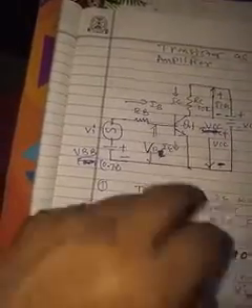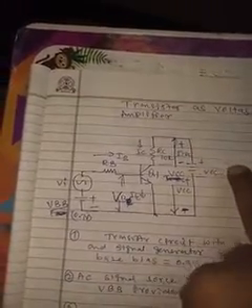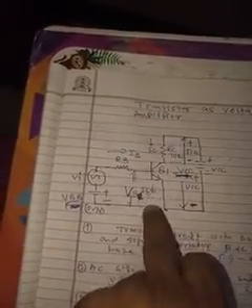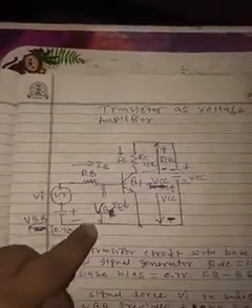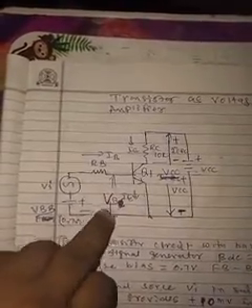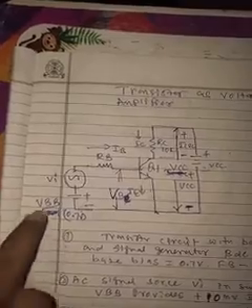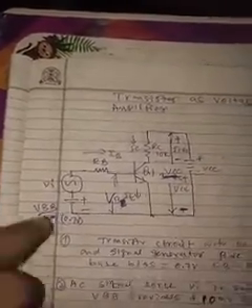This is a 10K, and you can see the collector current IC here, this is the IB, this is the emitter current, and their direction is downwards. Because of that, there is a voltage here called VB. Please remember, this is very important: VB, VBB 0.7 volts, and here we have the VCC.